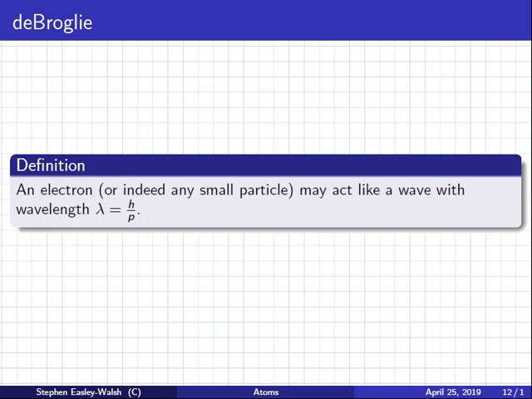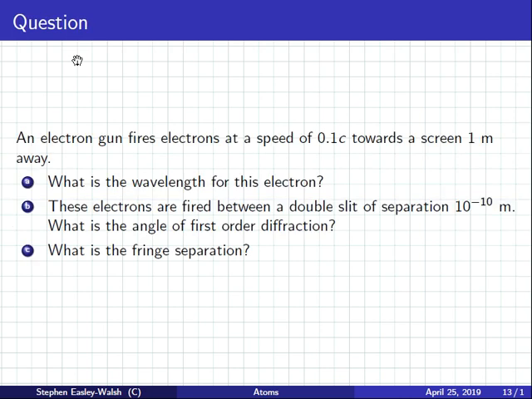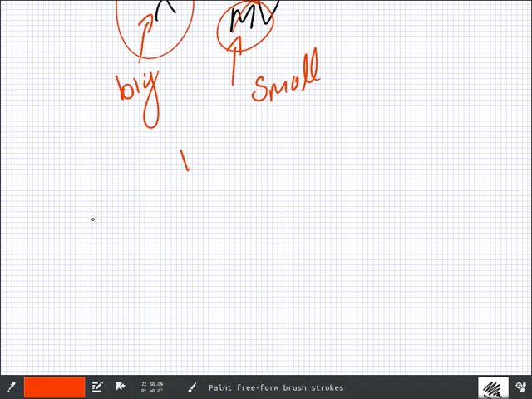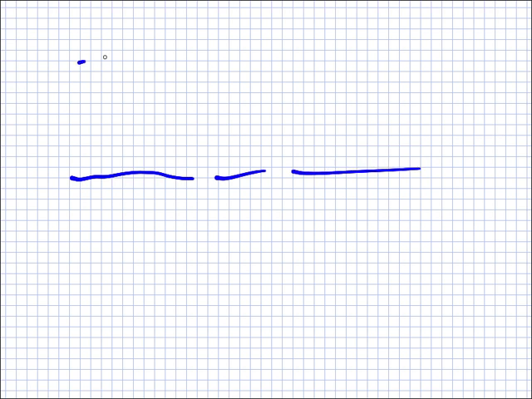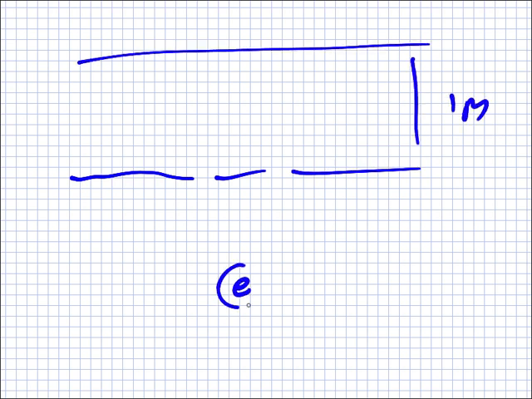All right. An electron gun fires electrons at a speed of 0.1 c towards a screen 1 meter away. What is the wavelength for this electron? Okay, so we'll draw the picture. You have your screen, this is 1 meter, you have your electrons here, and their speed is 0.1 c.